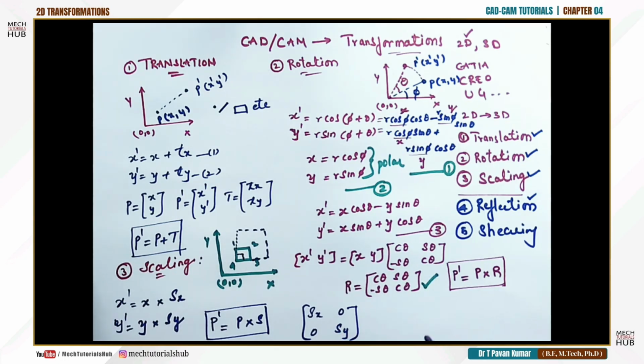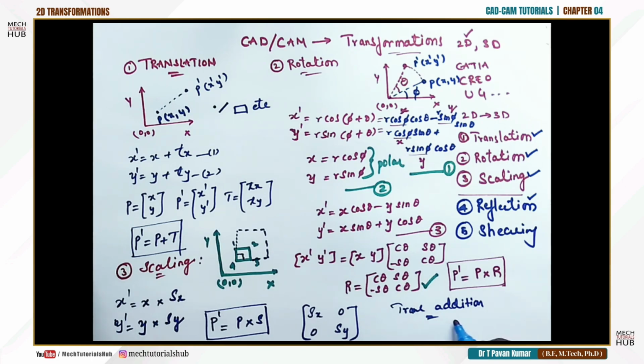Let us see the similarities between translation, rotation and scaling. If you look at scaling and rotation, in both equations we get multiplication: the actual matrix or coordinate is multiplied by the rotation or scaling matrix given in the question, whereas in translation it is addition. Because of this addition, the process may slow down. Because of translation addition, the complete matrix multiplication calculation slows down when you have multiple tasks to attempt.